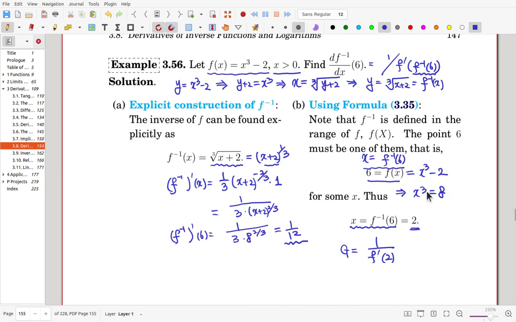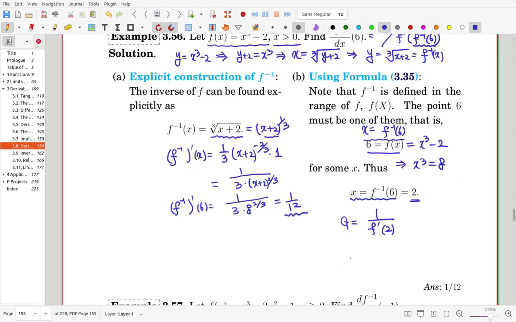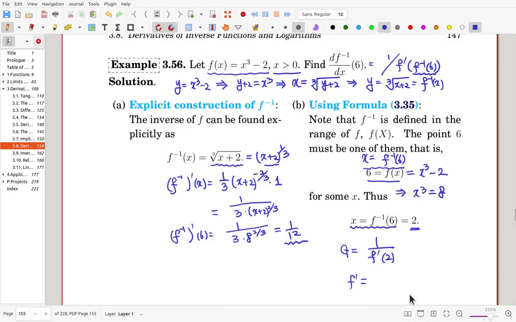Here we found that f inverse of 6 is 2. So that will determine the final answer. Now we have to find f prime, that is from f of x, that is 3x squared, and minus 2 will disappear.